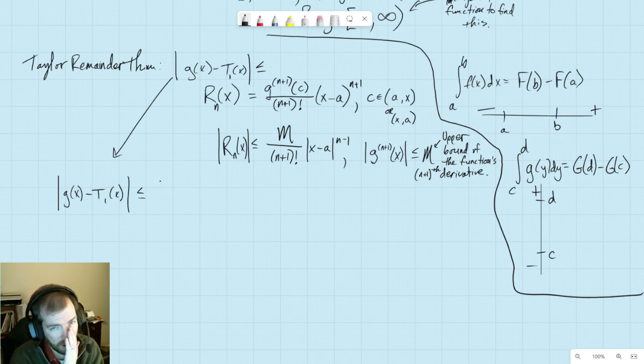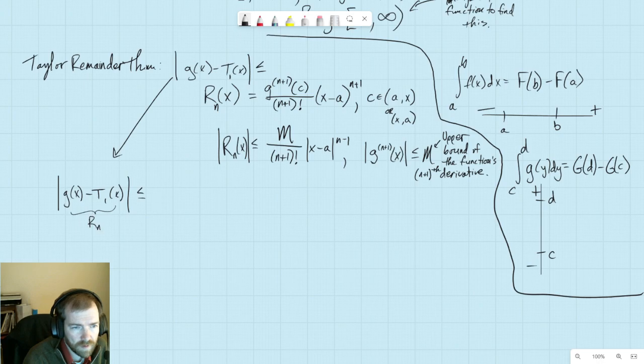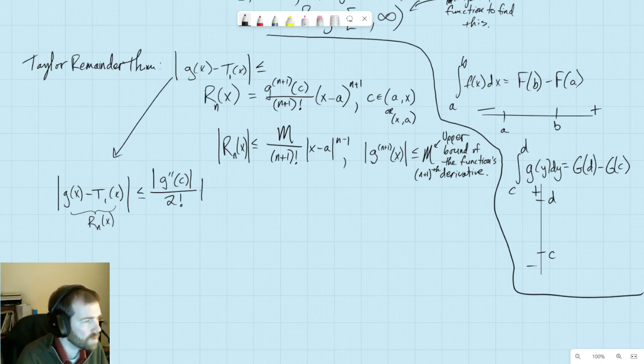So this is going to be our, again, technically it's going to be the absolute value of g. This is Taylor 1, so yeah, we need the second derivative at some particular c value, which is going to get us our maximum, over n plus 1 is going to be 2 factorial, which is just 2, multiplied by the absolute value of x minus a. So you said that a was going to be -1, hence making this x plus 1 raised to the n plus 1 power, n plus 1 power being 2.